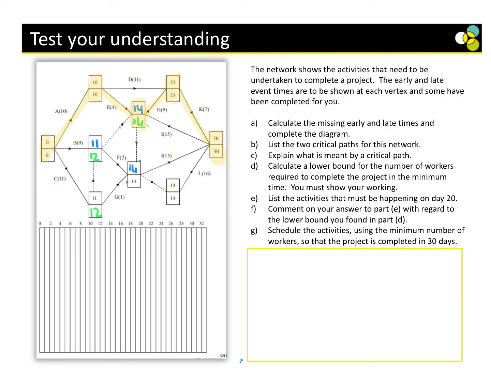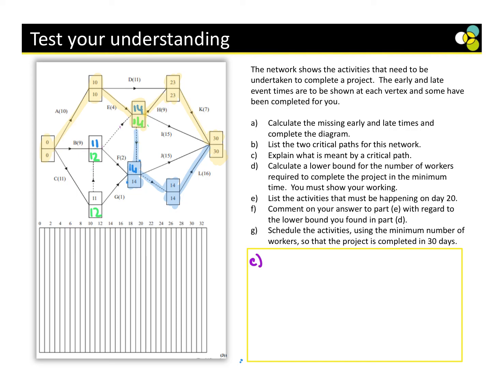So if I also look, I could have gone from E down to F across to L.